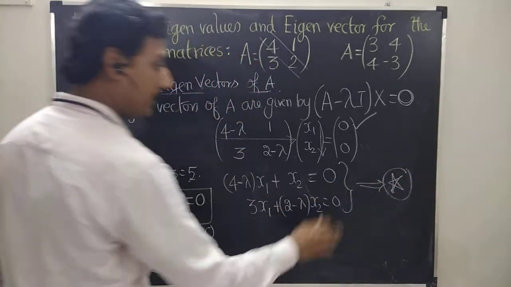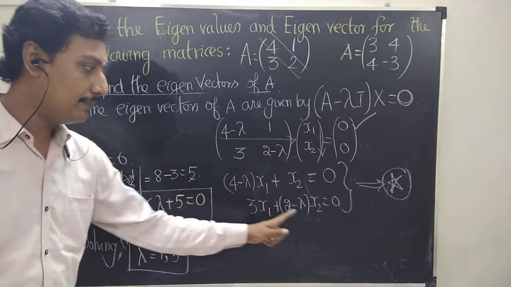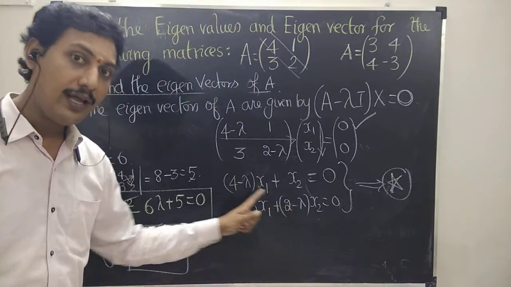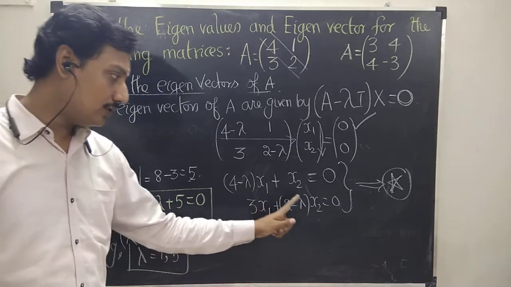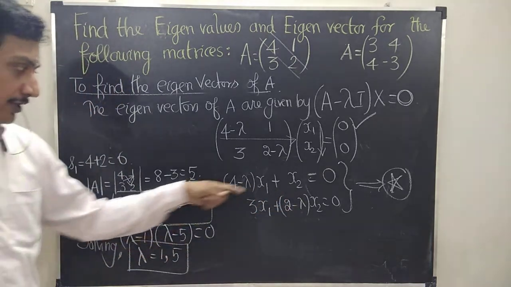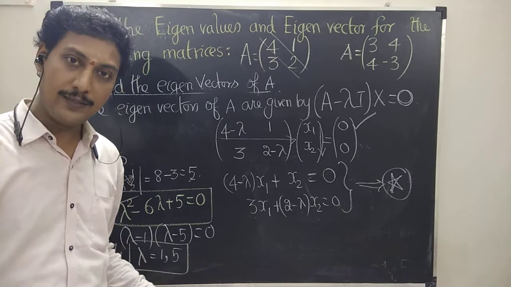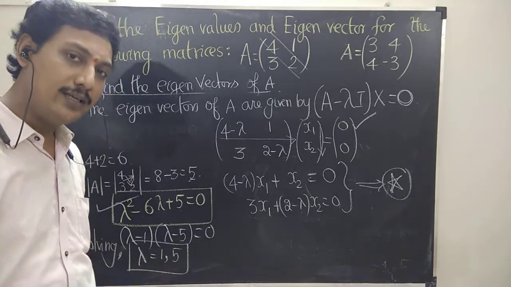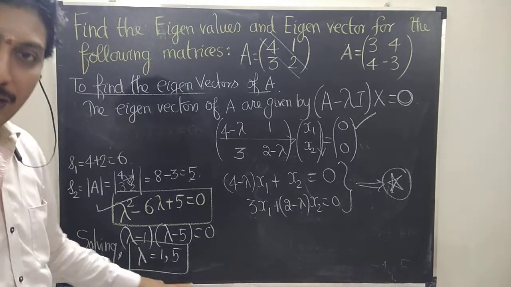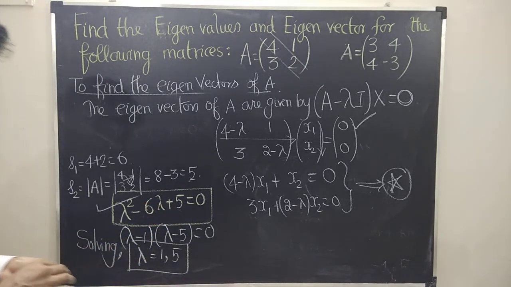In this star equation, it is in terms of lambda. Let us substitute the lambda values one by one, which will give the corresponding eigenvector for each eigenvalue. Got it? Now can I substitute lambda equal to 1 first?